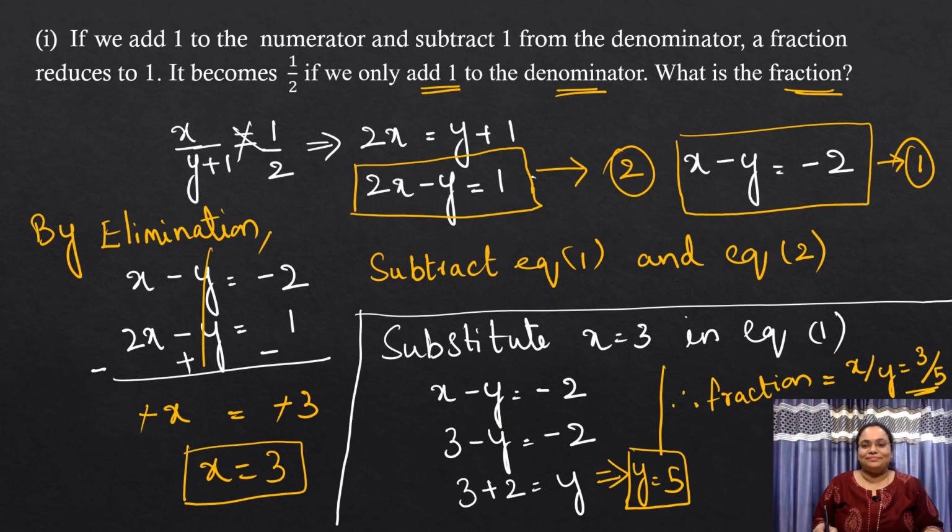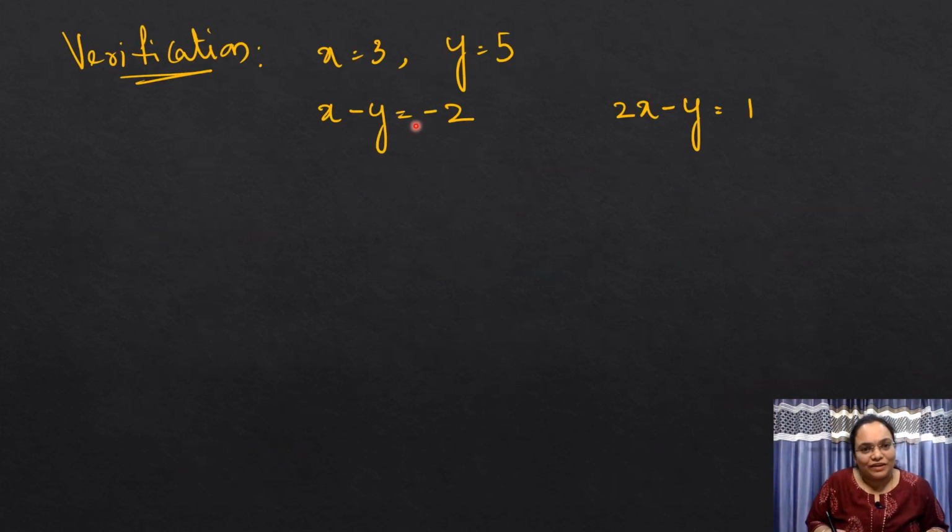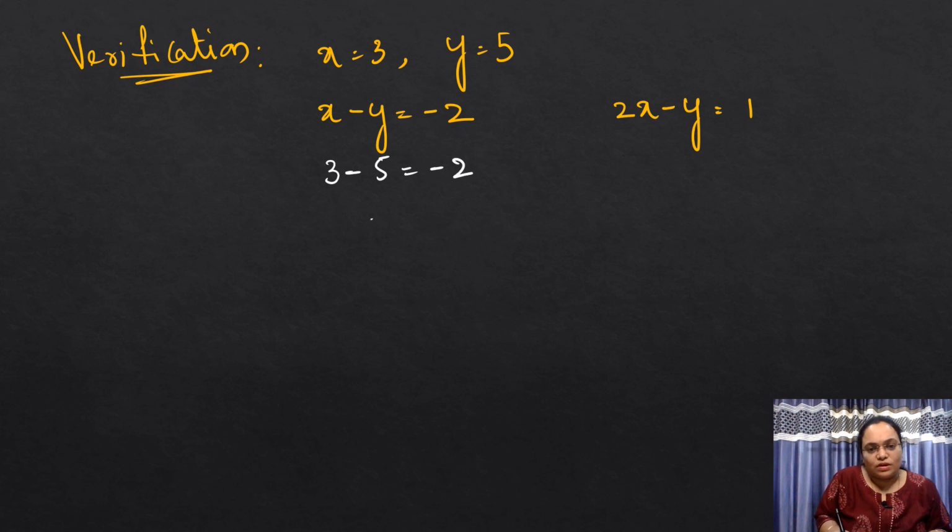So how do you do the verification? We will substitute the values of x and y in these two equations and see if it satisfies the equation on both the sides. So let us substitute. 3 minus 5 is equal to minus 2. So minus 2 is equal to minus 2.